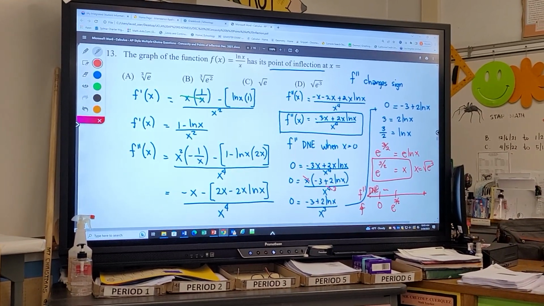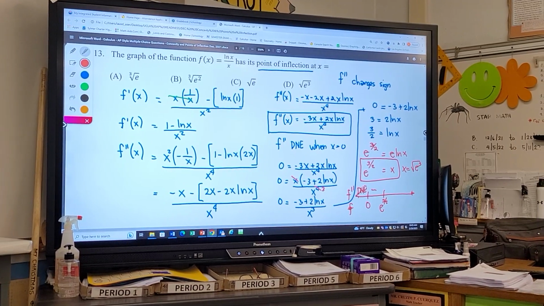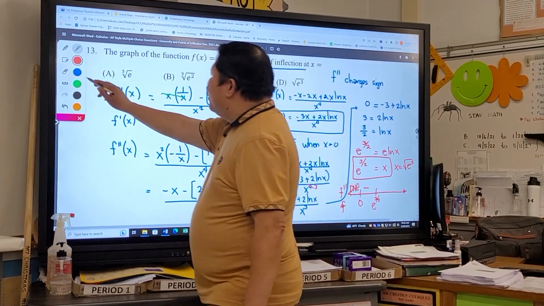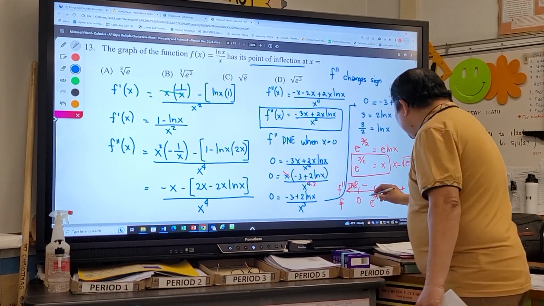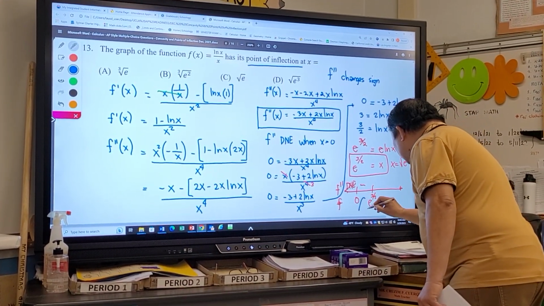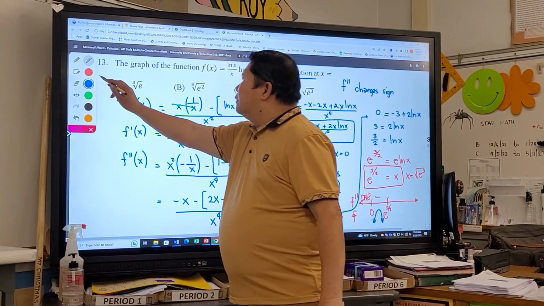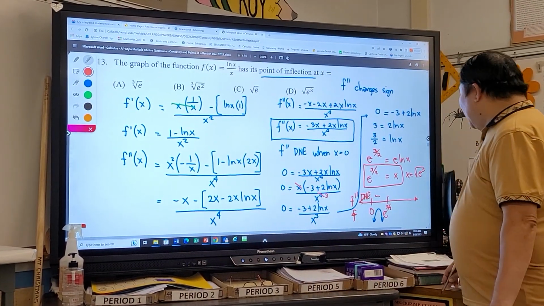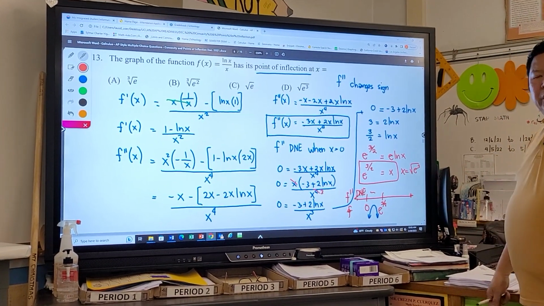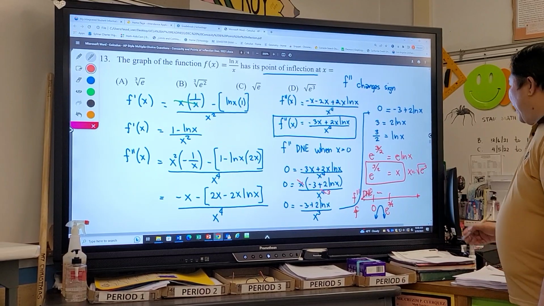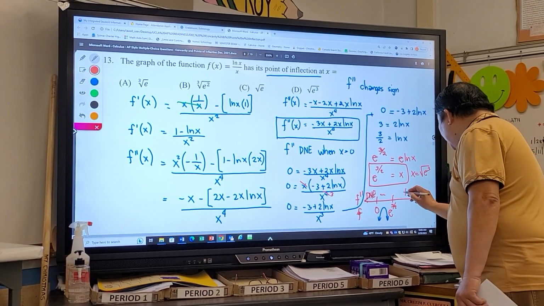Plus or minus? So for this one, the concavity is down, and to the right of e to the power of 3/2 is going to be positive.